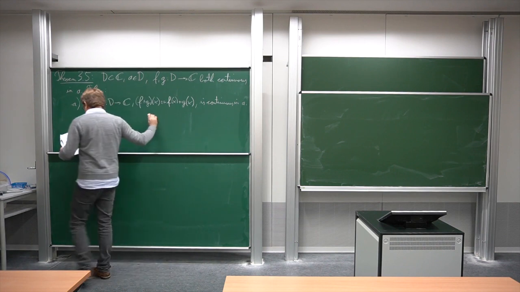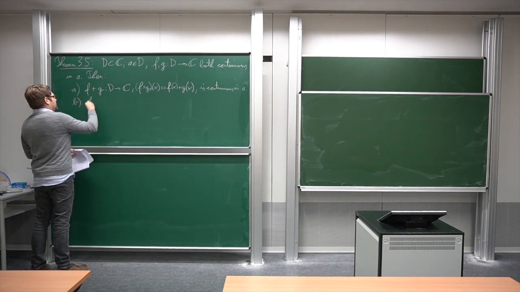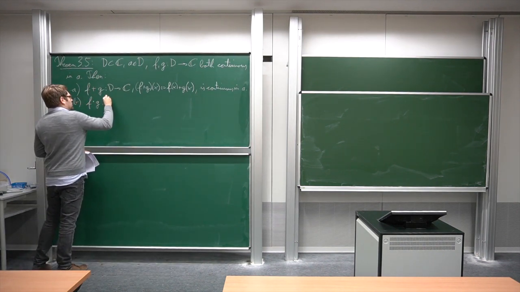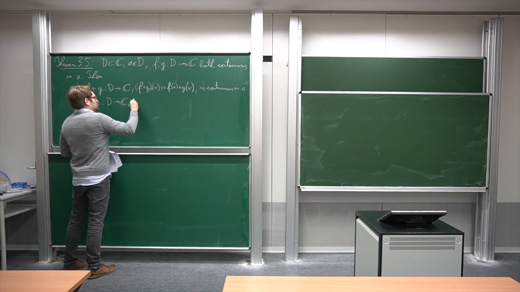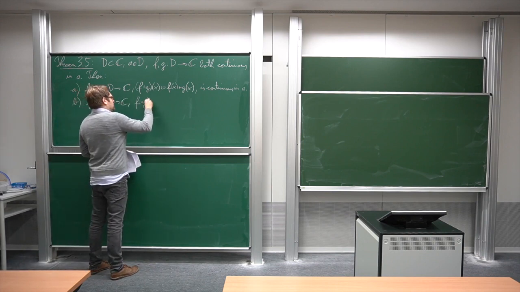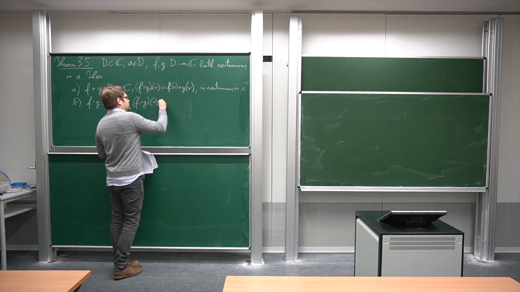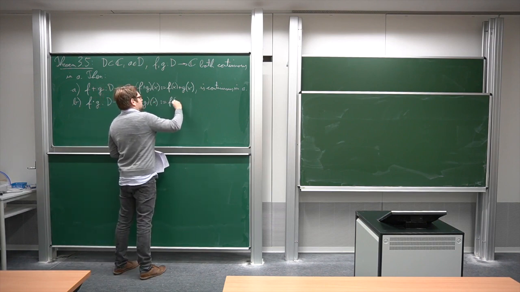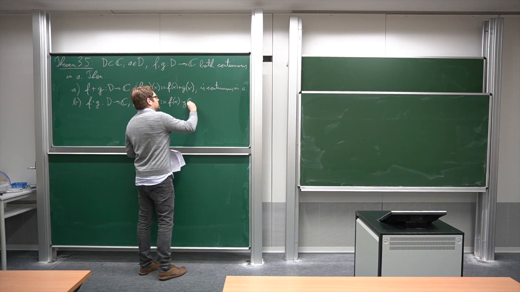Okay, and in the very same way, the product of functions is defined. So f times g from D to C, f times g at x is defined as f of x times g of x.